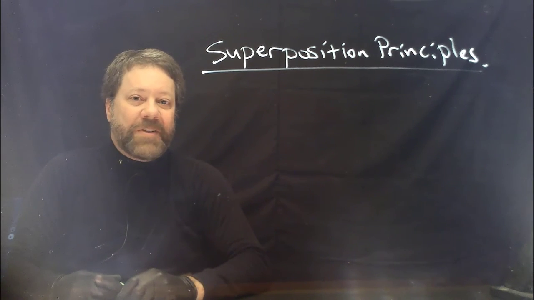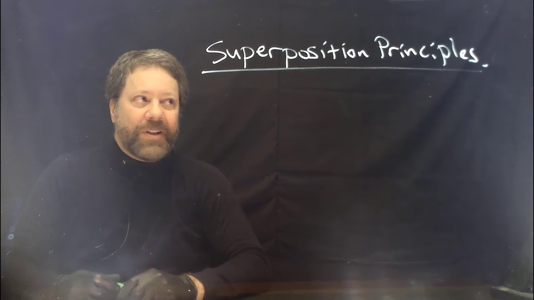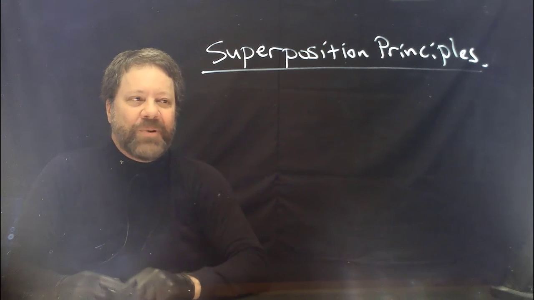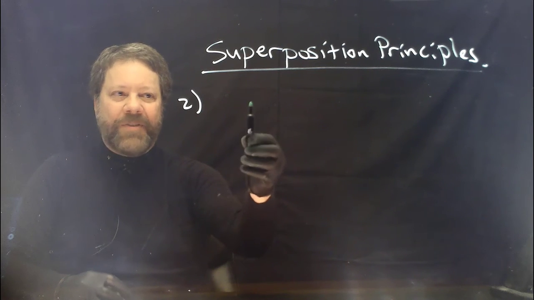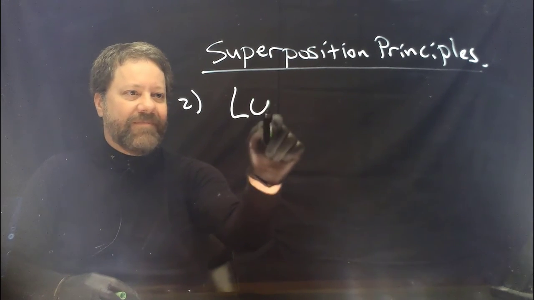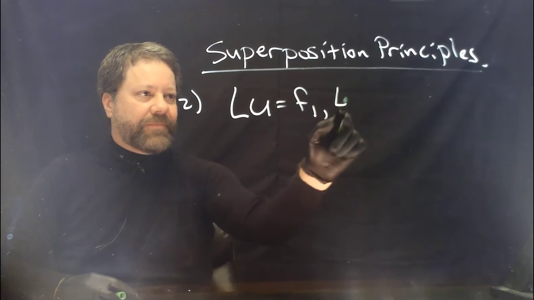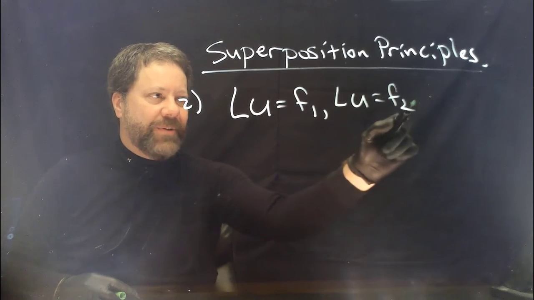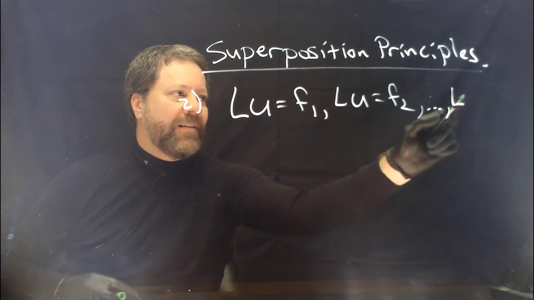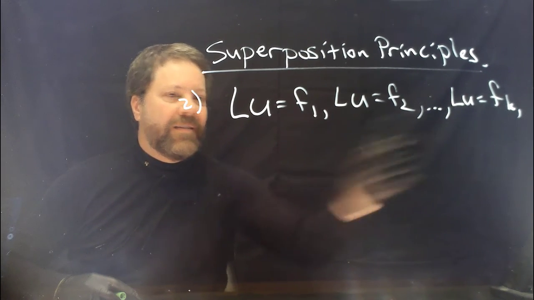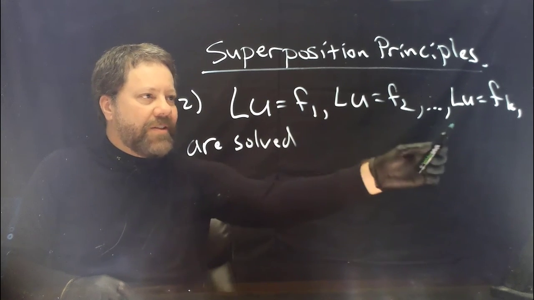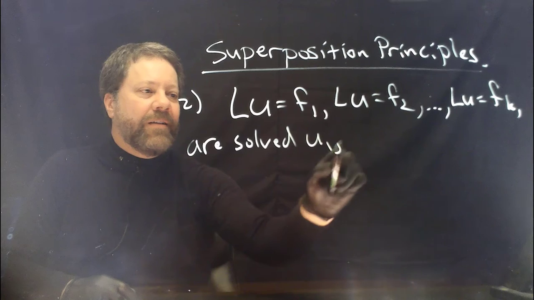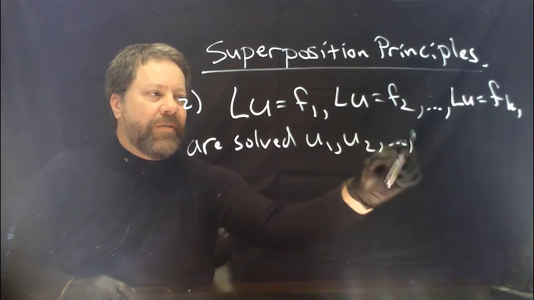The proof here is very simple, and you saw a proof similar to this in a class in ordinary differential equations. So I'll let you prove the last part of this theorem. We'll denote the sum of the derivatives by L. So LU equals F1, LU equals F2, and so on. Suppose that all these differential equations are solved by u1, u2 through uk.